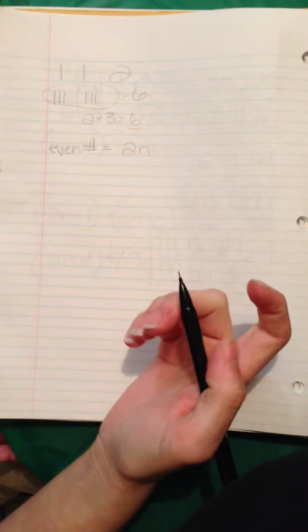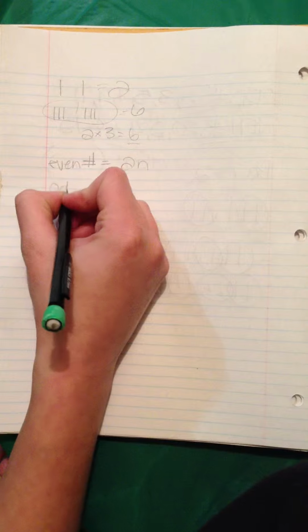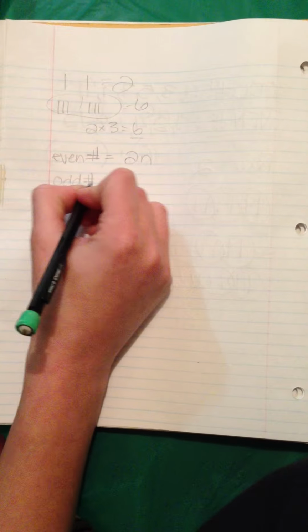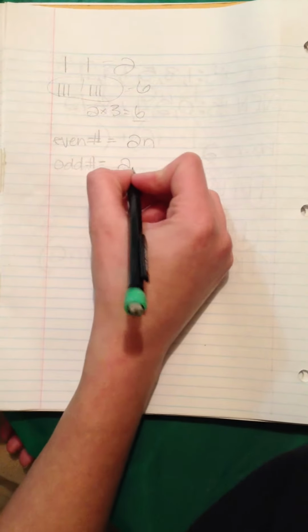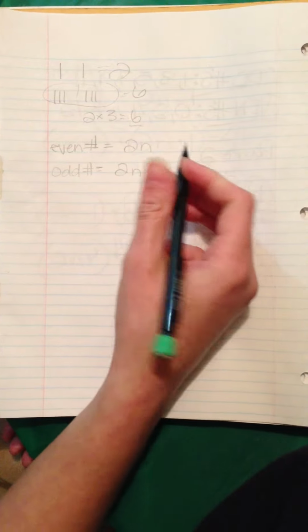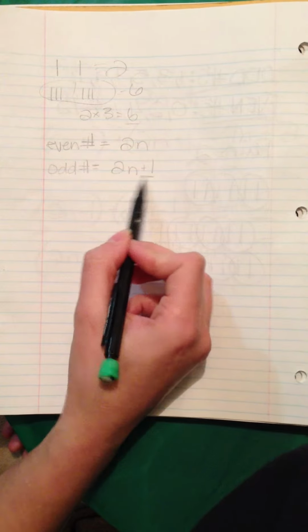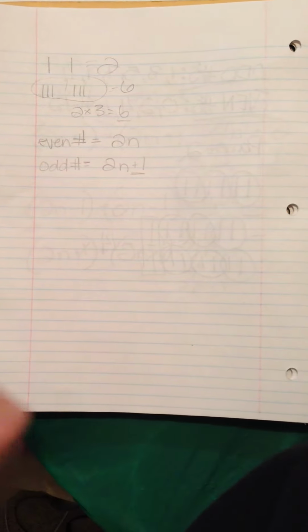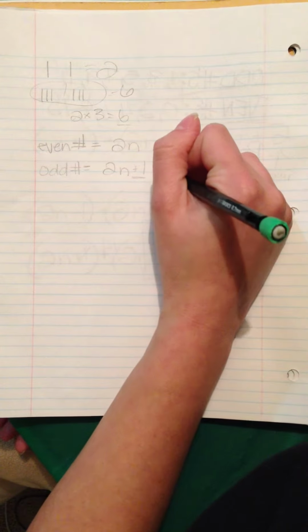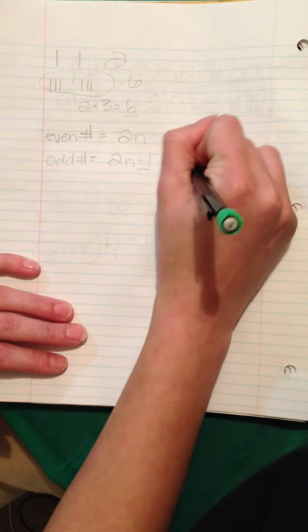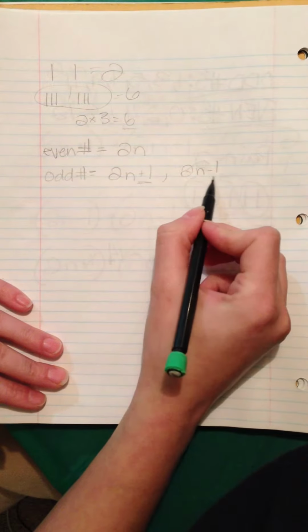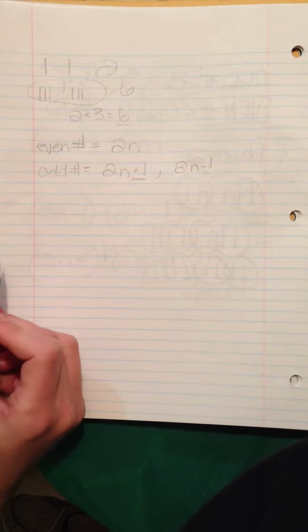Since an odd number means that you can have 1 left over after pairing, we can say that an odd number equals 2n plus 1, and the plus 1 is your leftover. You could also say that an odd number is 2n minus 1, because after you minus the 1, you'll have 1 left over.